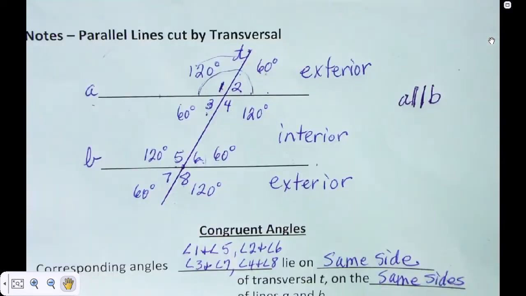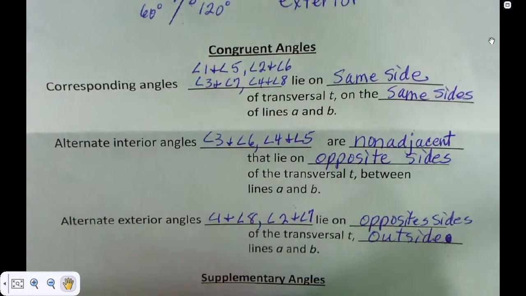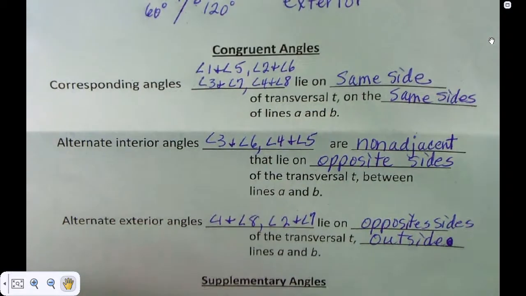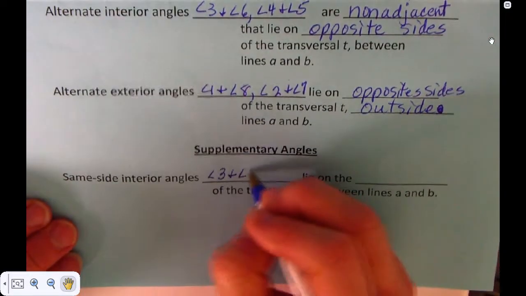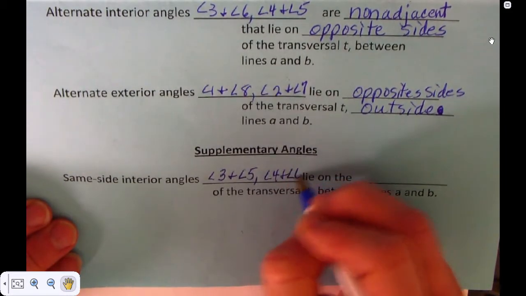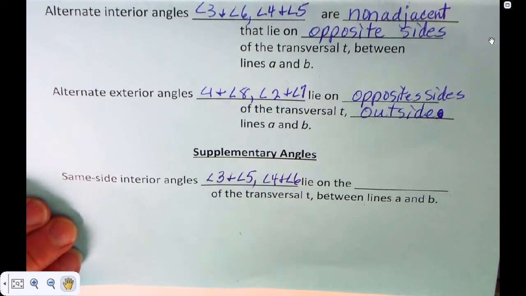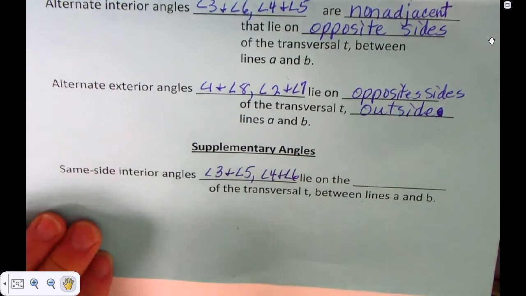So, they're also supplementary. So, what angles are same side interior down here? Angle 3 and angle 5, angle 4 and angle 6. We're adding this to our notes. Write this in first.